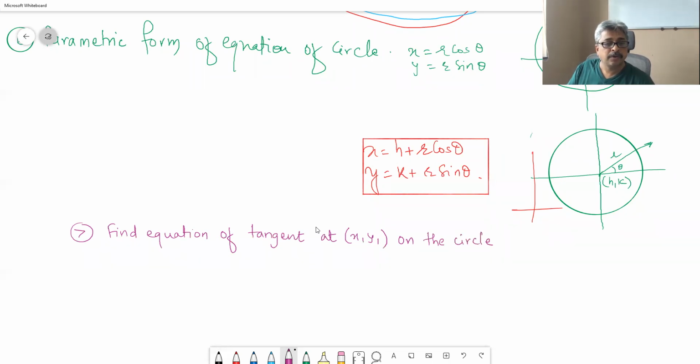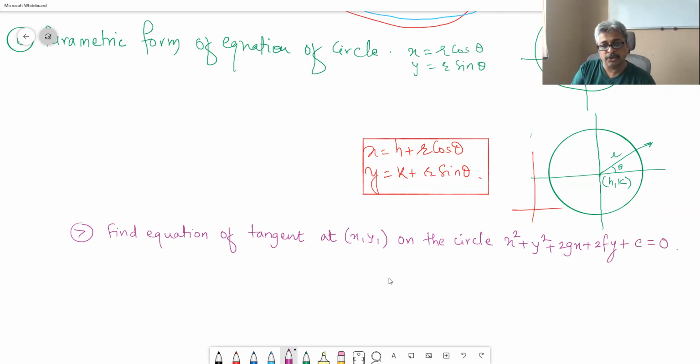Tangent at (x1, y1), which is on the circle x square plus y square plus 2gx plus 2fy plus c is equal to 0.